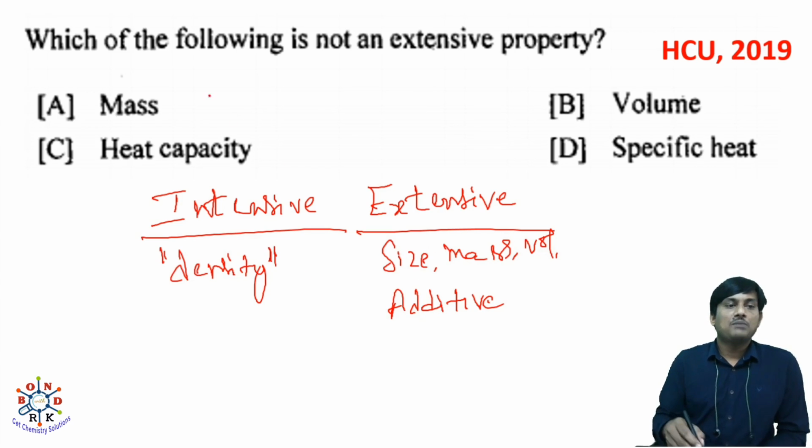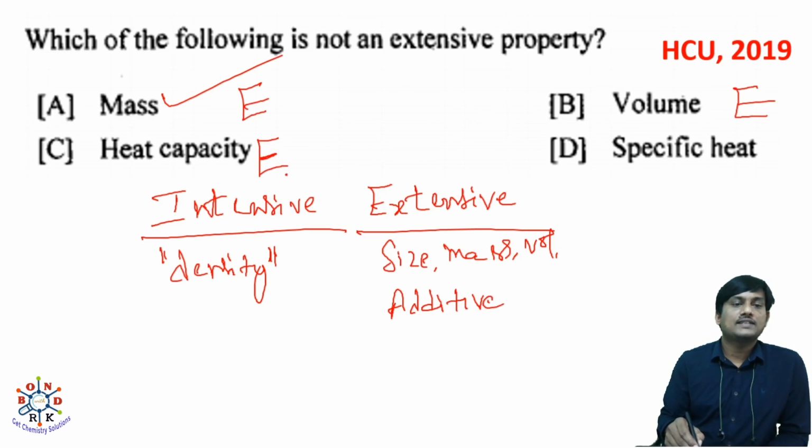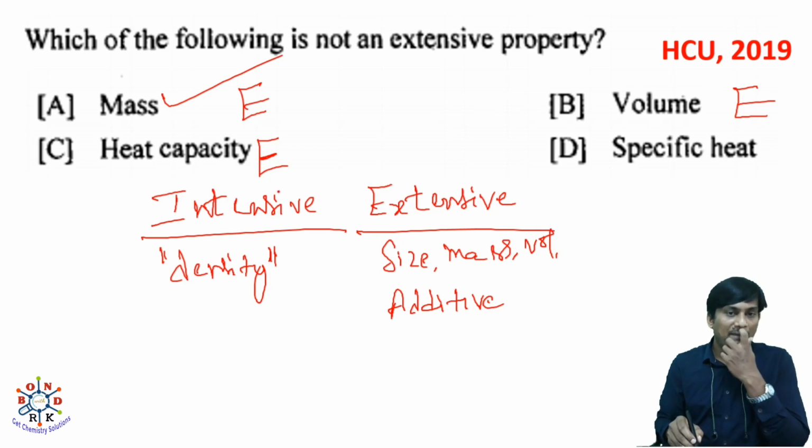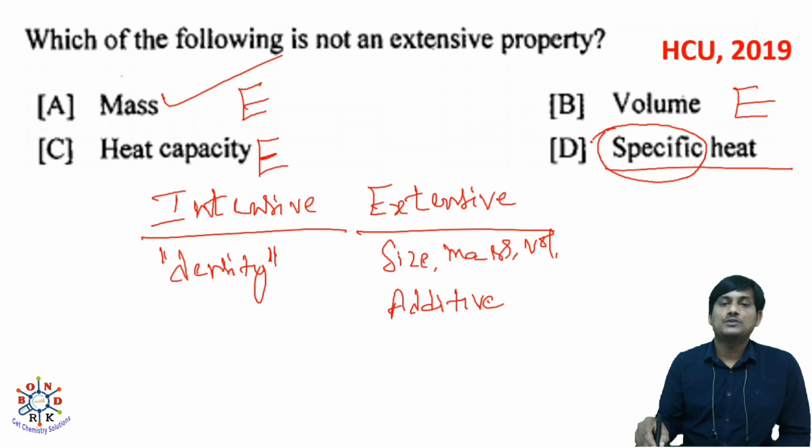If you take mass, it's an extensive property. Volume is an extensive property. Heat capacity is also an extensive property; it's directly proportional to the mass of the matter. And specific heat capacity, you have specified the amount, you have fixed the amount. Specific heat capacity means the heat capacity of 1 gram or 1 kilogram of substance.